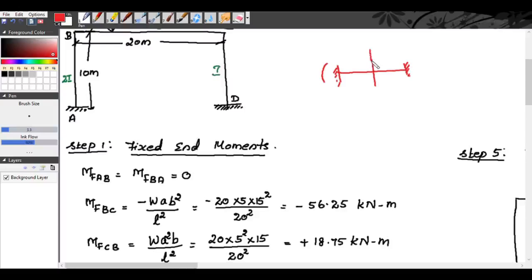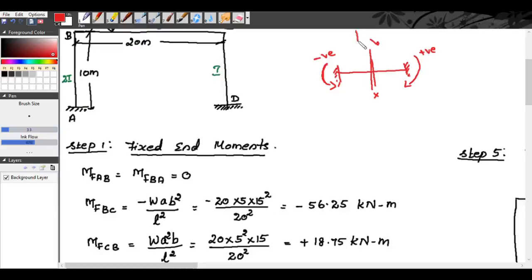So when you are considering this section XX, the left anti-clockwise will be negative and the right clockwise will be negative. So these both are hogging moments. So anti-clockwise, we will consider it as negative and clockwise, we will consider it as positive. Because left anti-clockwise moment is hogging and right clockwise moment is hogging.